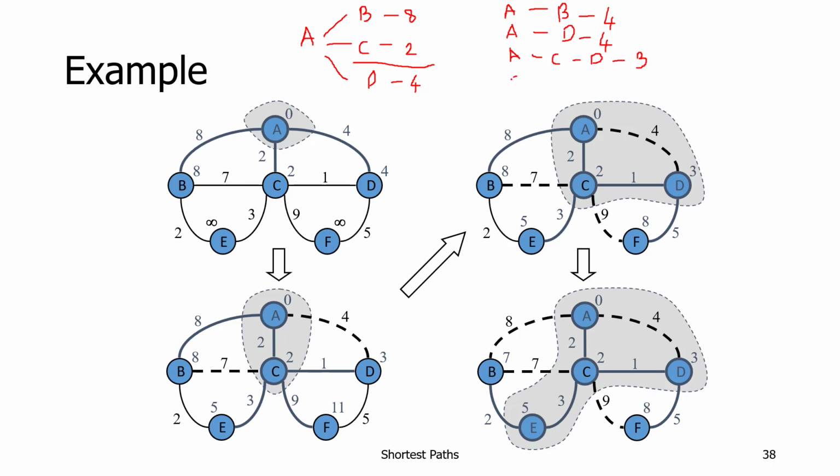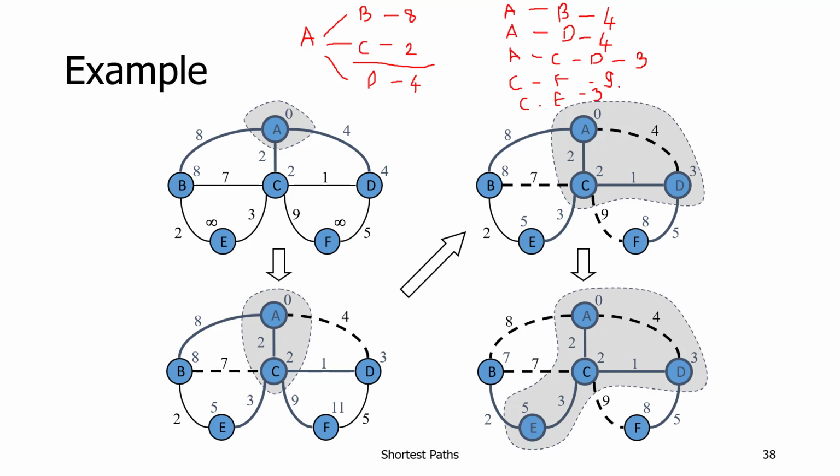Then from C I can check all the possible edges: I have the CF edge, which takes me 9, another edge to E, which takes me 3 units, and from C to B, which takes 7 units.